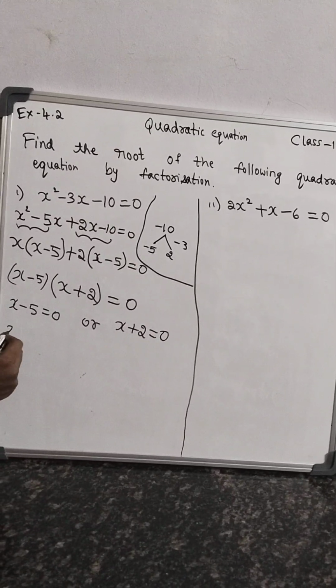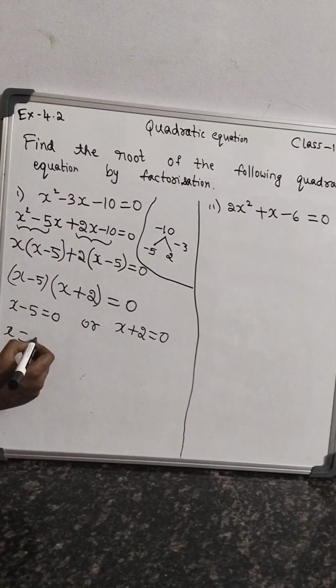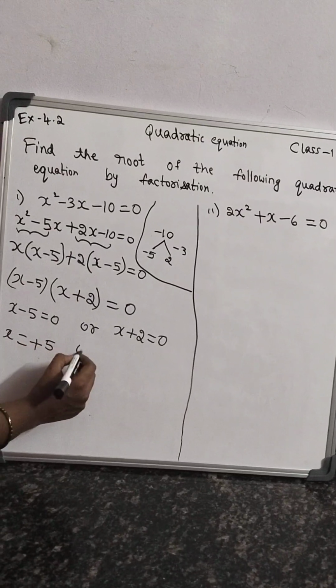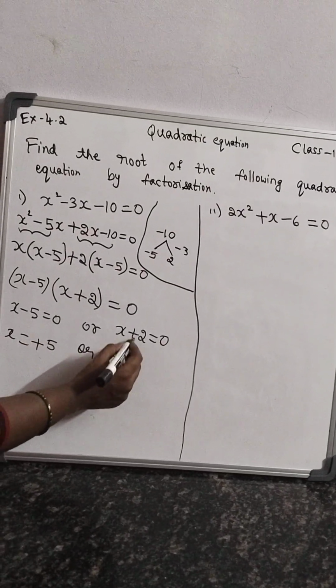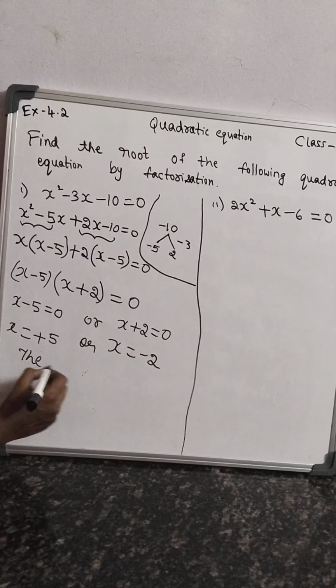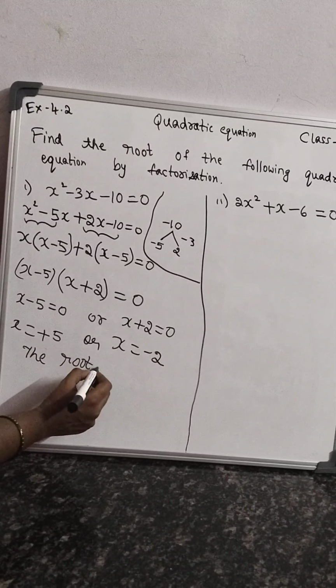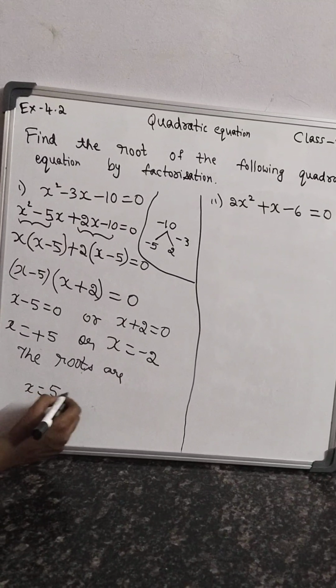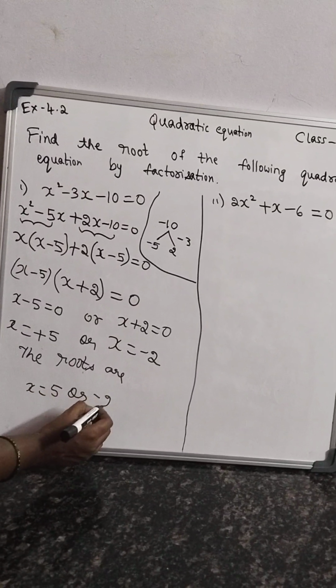On transposing, x is equals to plus 5, or x is equals to minus 2. So therefore the roots are x is equals to 5 or minus 2.